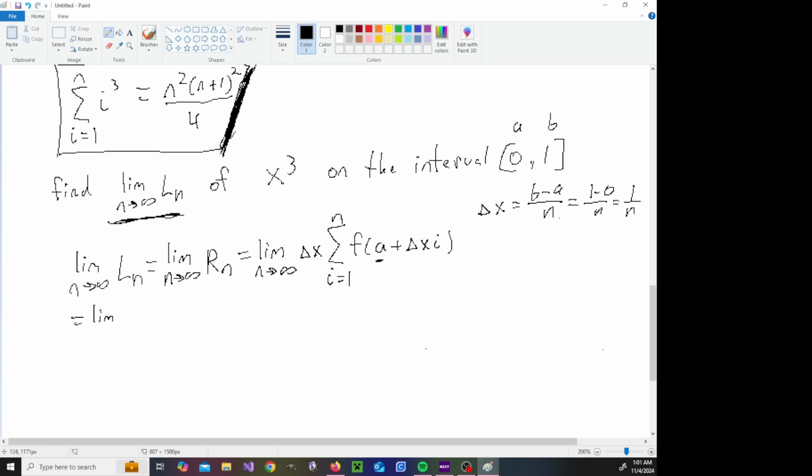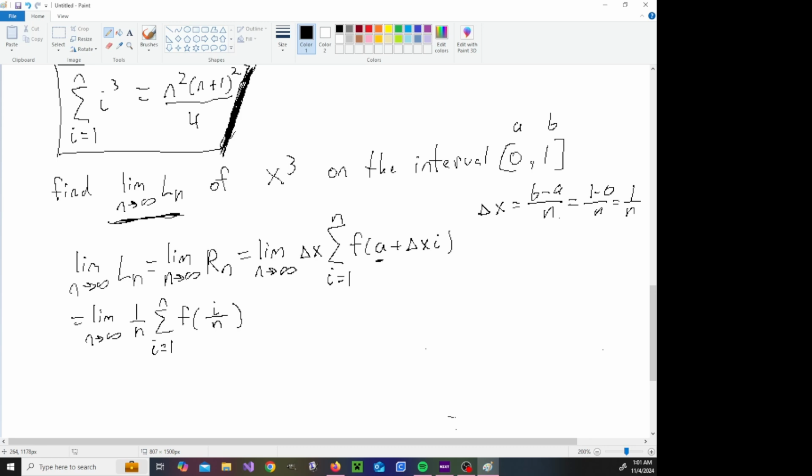So this is really the limit as n goes to infinity of 1 over n times the sum, i starts at 1, goes up to n, of f of, a is 0 so I won't even write it, just delta x i. Well, delta x is 1 over n, and since we're multiplying by i, I'm going to write that as i over n.